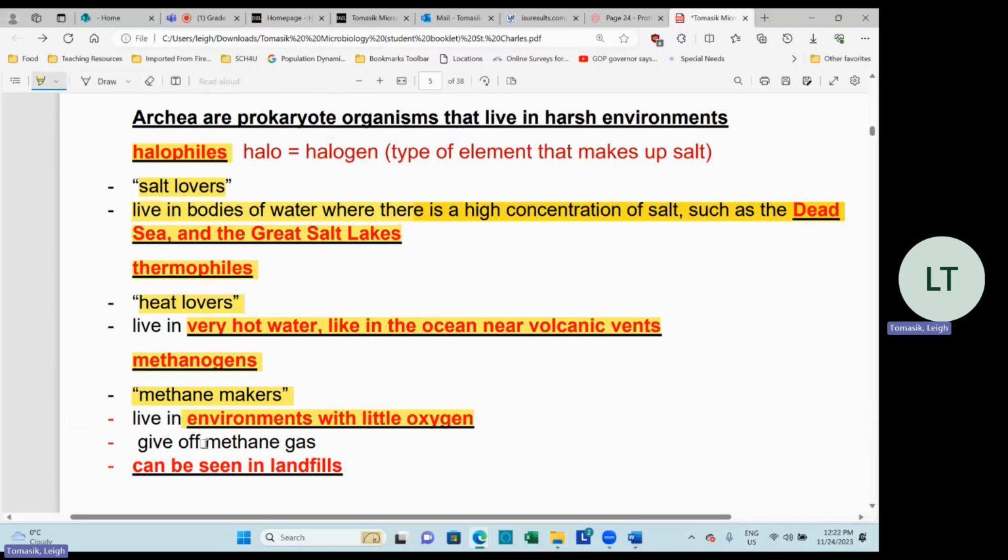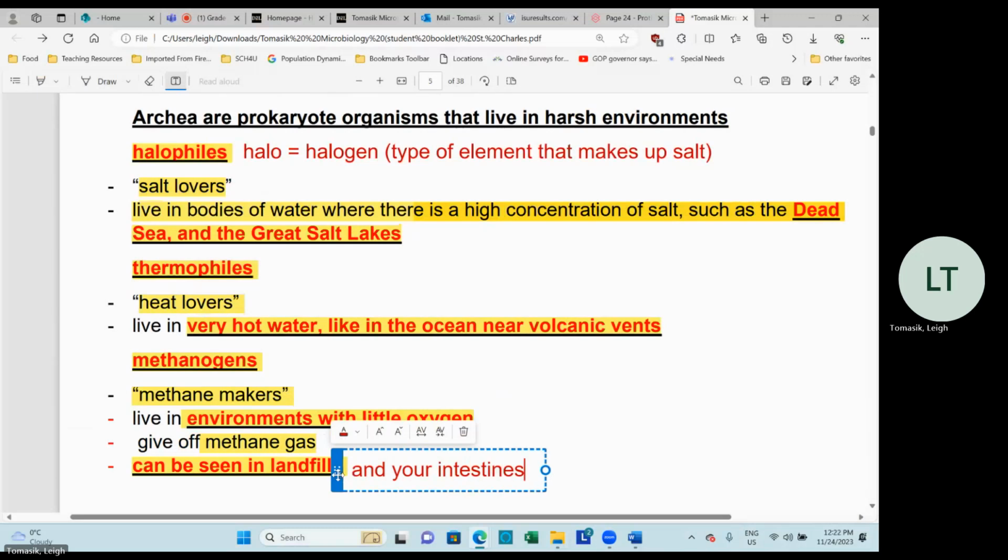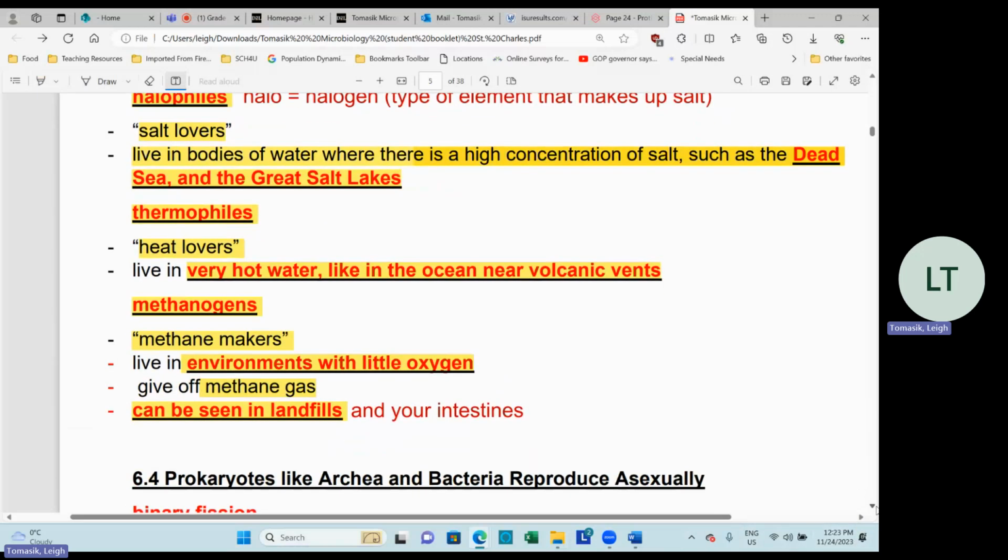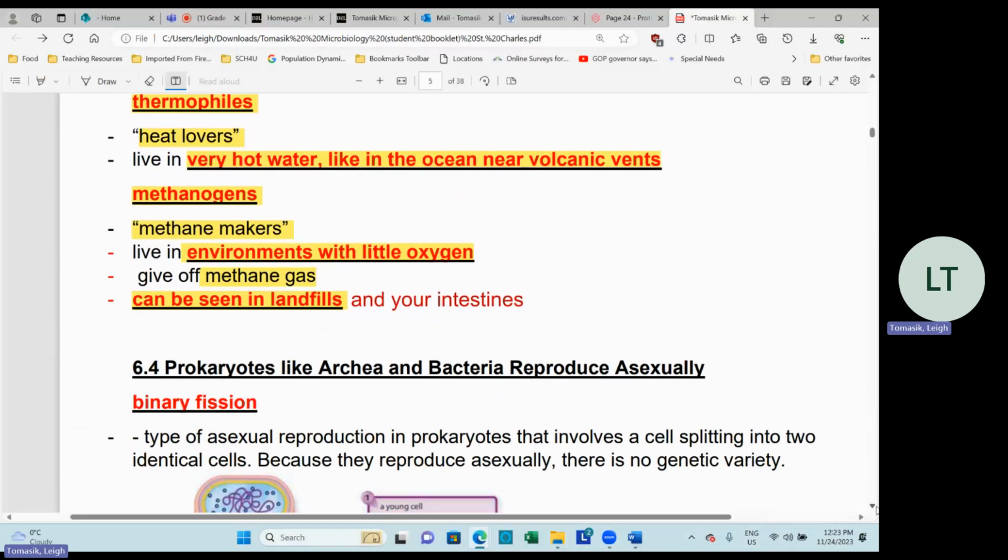And as a consequence, instead of giving off CO2, they give off methane. And these can be seen in landfills and also your intestines, right? Whenever you don't finish absorbing the nutrients from your food, these methanogens that live in your intestines finish it off for you and create this methane gas, and then you get bloated. And that's why that happens.